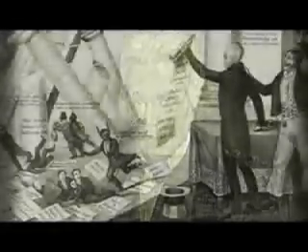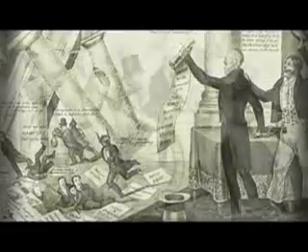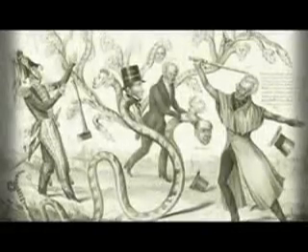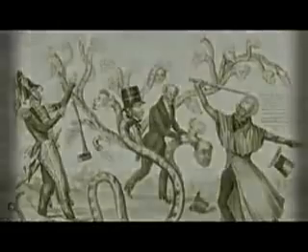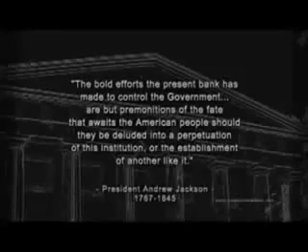In fact, the last time in American history the national debt was completely paid off was in 1835, after President Andrew Jackson shut down the central bank that preceded the Federal Reserve. In fact, Jackson's entire political platform essentially revolved around his commitment to shut down the central bank, stating at one point, "The bold efforts the present bank has made to control the government are but premonitions of the fate that awaits the American people, should they be deluded into a perpetuation of this institution or the establishment of another like it."